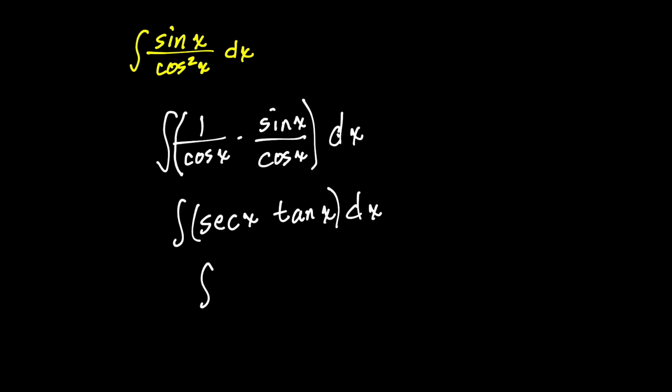And then I know the derivative of secant is secant tangent back here. So I have to get rid of this piece. This is my antiderivative. And then, as always, we just add a c.